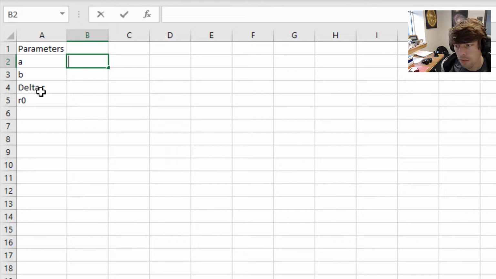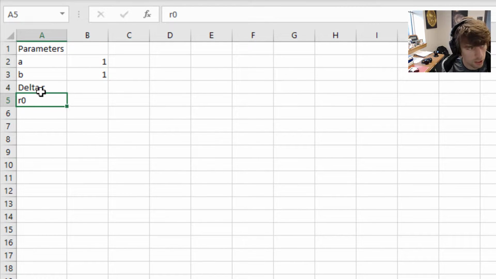So for simplicity, just for scaling purposes at this point, I'm just going to put 1 and 1. Actually, I'll specify R naught, and maybe I'll put range in here, and I'll put delta R.